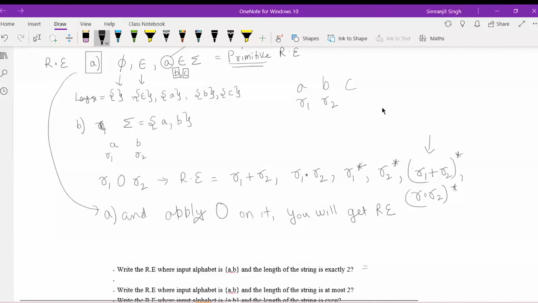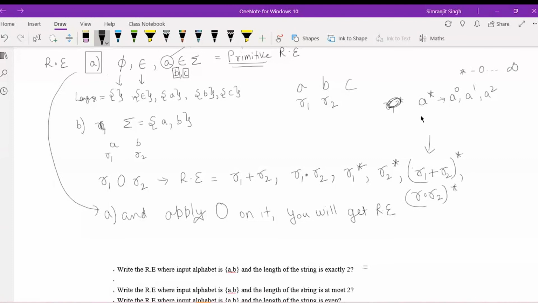Okay, so if I raise any regular expression to star, suppose I raise this a to the power star, it means a can be 0, a can be 1, a can be 2, star can be 0 up to infinity.